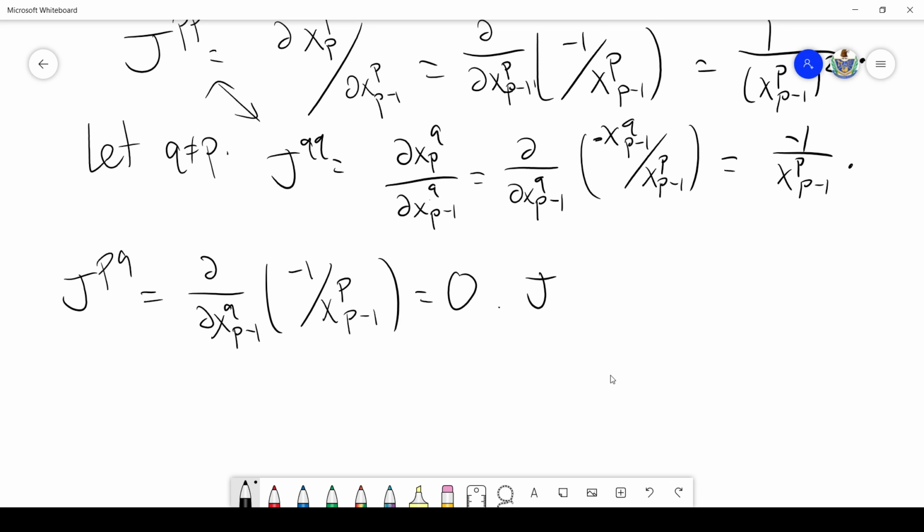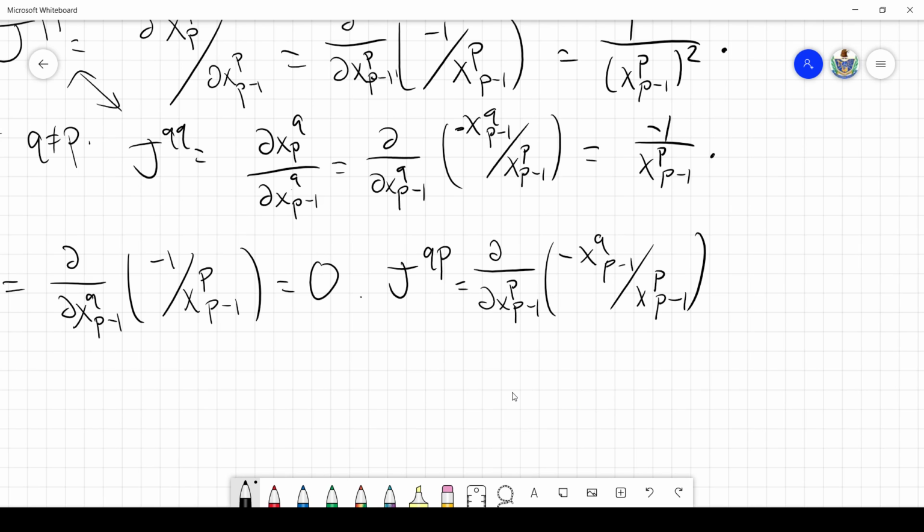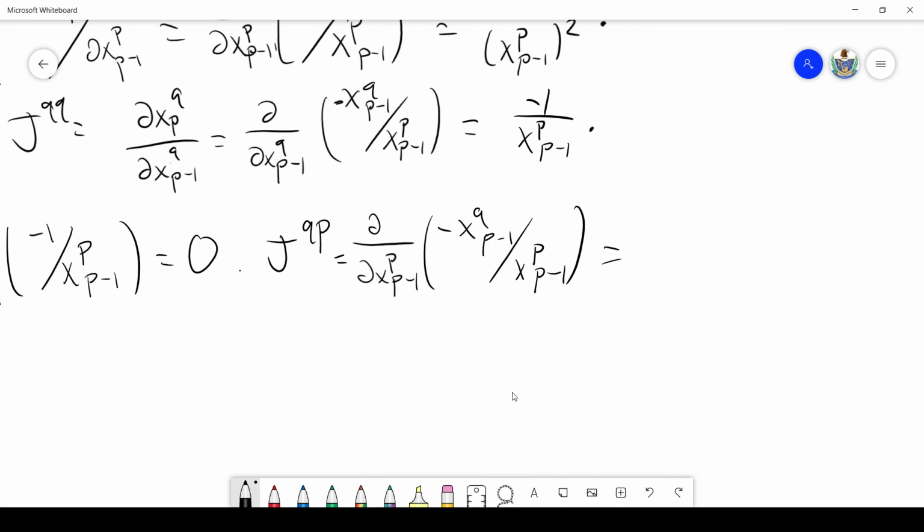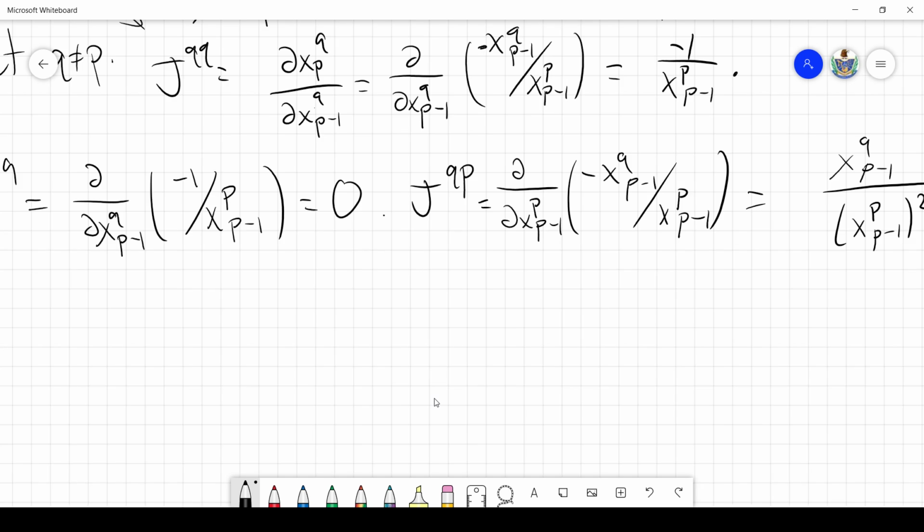If we look at the p column, however, this is going to be the derivative with respect to p minus 1 of x_qp, which is negative x_qp minus 1 over x_pp minus 1. And so the derivative of this is going to be x_qp minus 1 over x_pp minus 1 squared. But we don't really need this term. We'll show that it sort of goes away in our calculation.